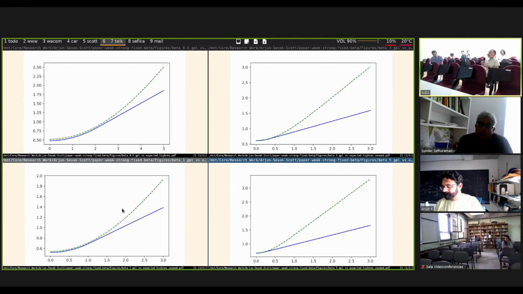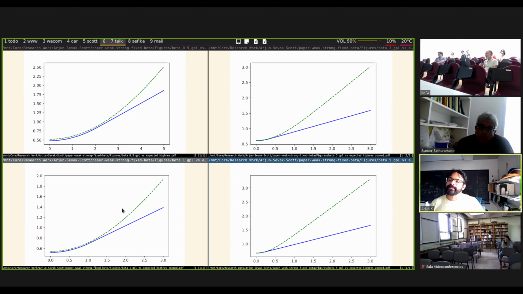Then in your model, it seems that you change your environment at each time, right? Could you say something if you keep the environment once and for all? You mean at each time I resample and I have independent weights? Yes. It would be much more similar to random walk in random environment.